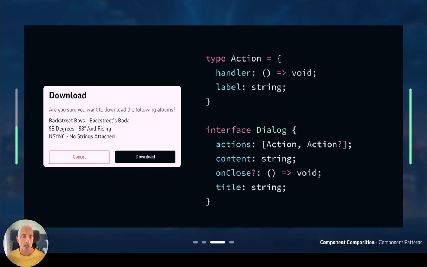So we may update that interface to look something like this, where we have a single action type of handler and label. And now we update our interface to not support an action, but to support an actions, where we can pass in either one or an optional second action within this array. And now we're taking the required onClose prop and we're marking it optional. If we don't pass onClose there, we're not going to show the close icon.